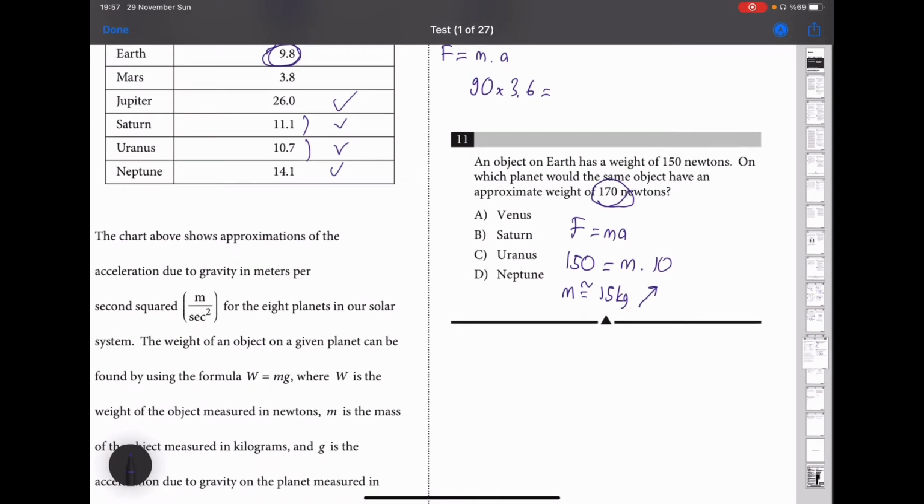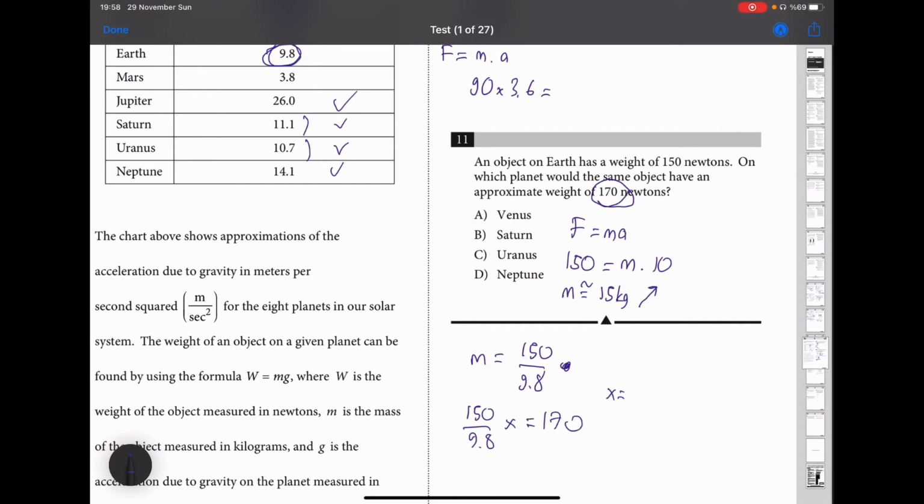So the mass of the object is 150 divided by 9.8. We need an acceleration x to find 170 newtons.